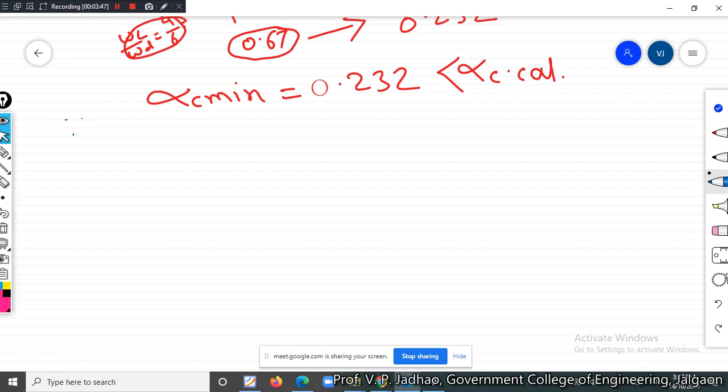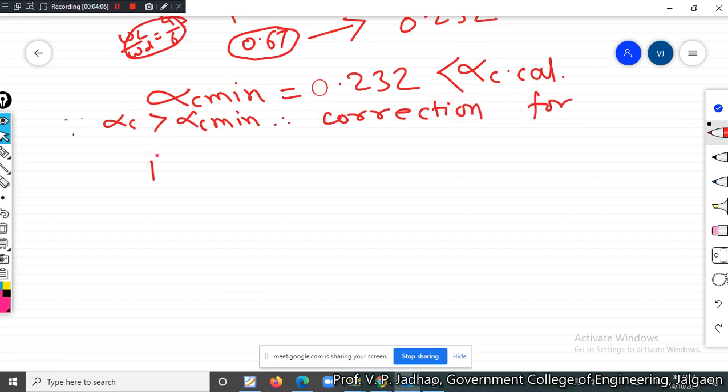Since the alpha C is greater than alpha C minimum, therefore no correction for pattern loading is required.